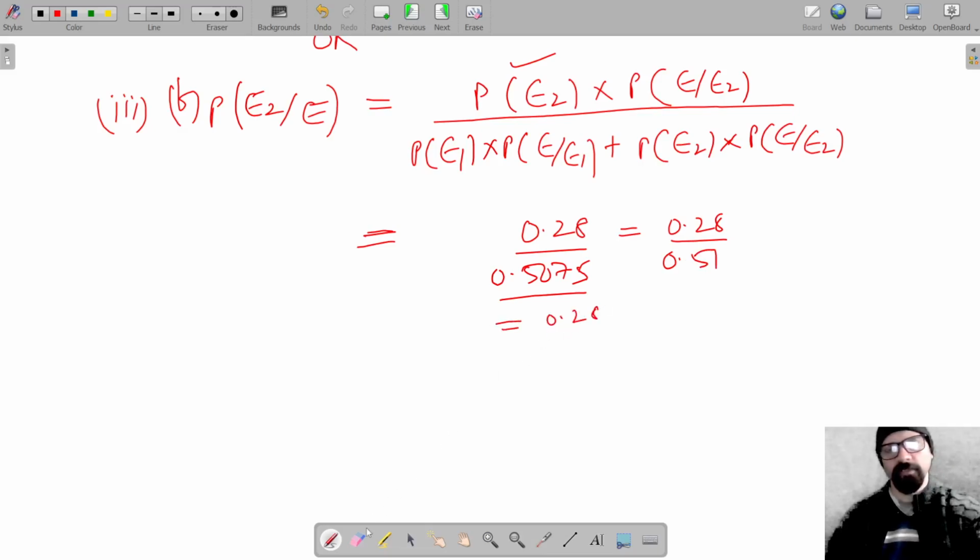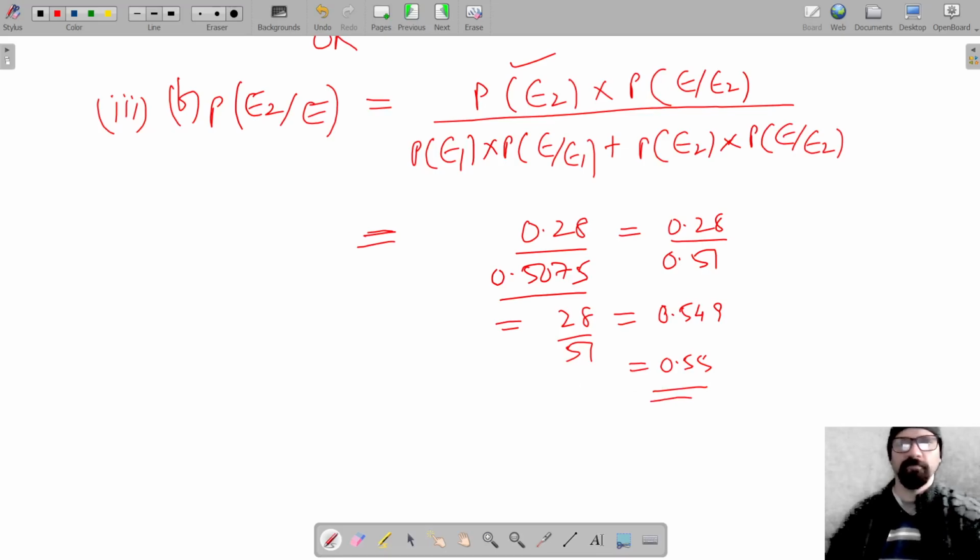So this gives me 28 divided by 51, which gives me 0.549, and if you round off, this will be 0.55. So 0.55 is the probability.